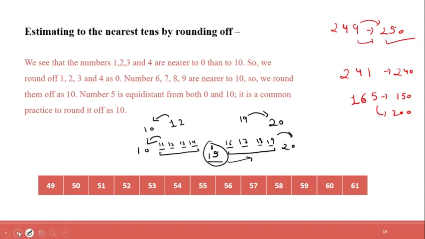So if someone says you just round off the values to the nearest tens, then how will you round it off? We have to round it off to the nearest tens digit.